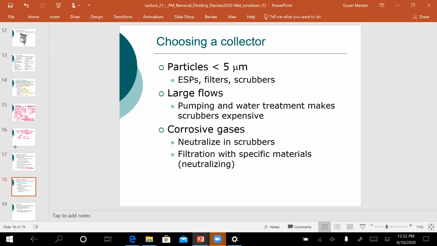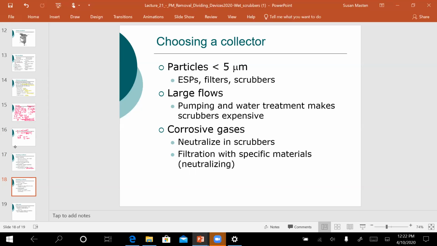If you have large gas flows, that typically means that you have a large water volume or flow rate that needs to be treated, and that makes scrubbers expensive. And it's not the scrubber really that's expensive, it's the water treatment and disposal that's expensive. And then finally, if you have corrosive gases, wet scrubbers may be useful if you can neutralize the corrosive gas.